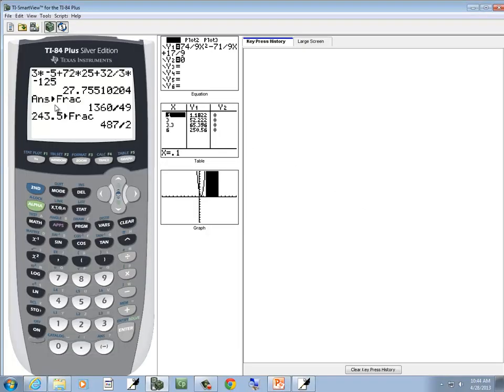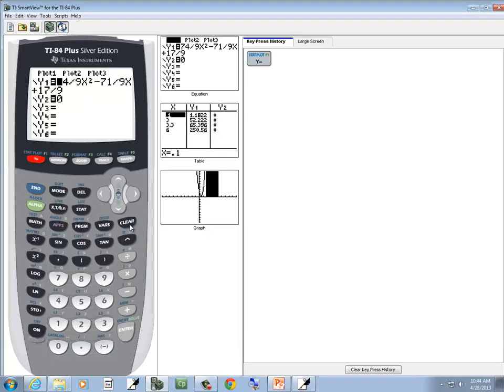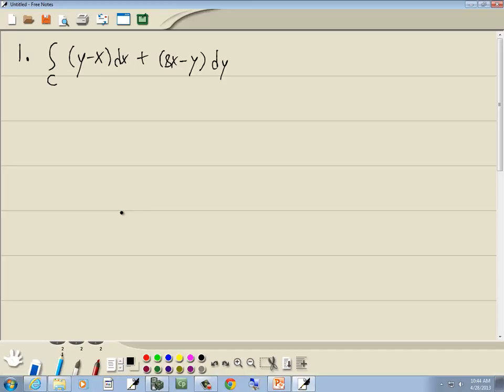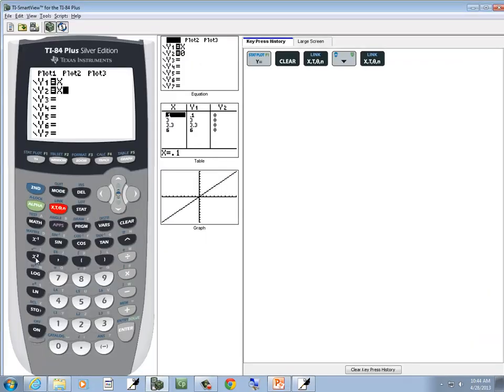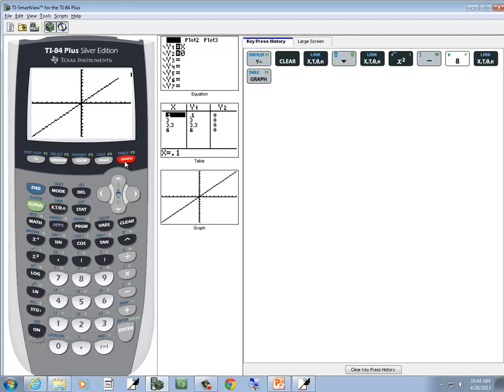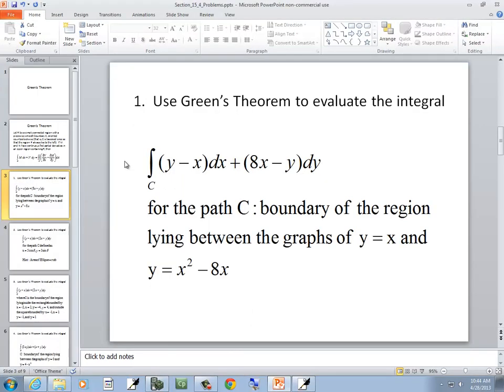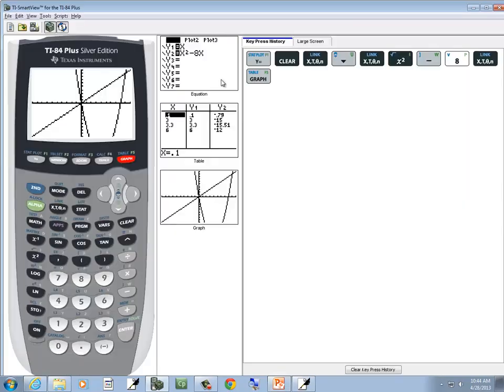I don't think there's any way it can be above. Let me press y equals, press clear. I'll put x on y1, and on y2 I'm going to put my x squared minus 8x, and then graph. Okay, that's what I thought. It is below. So we'll come back to that.